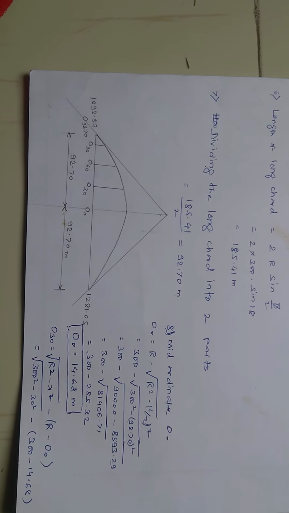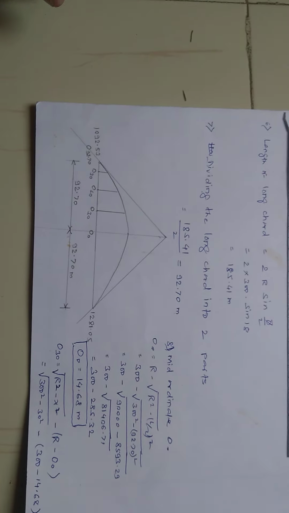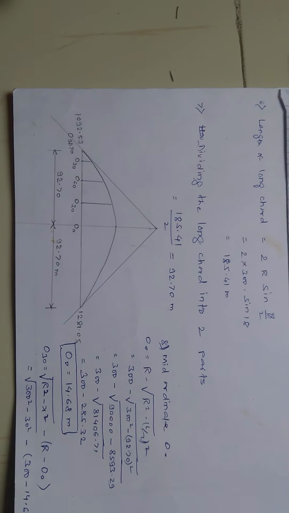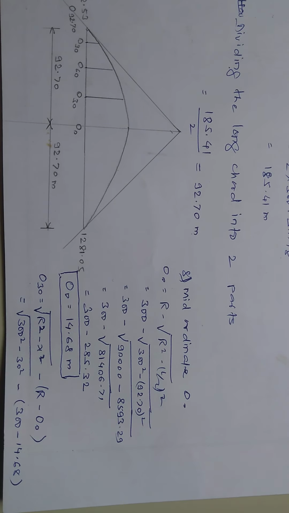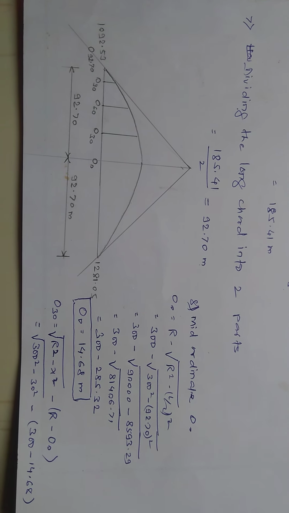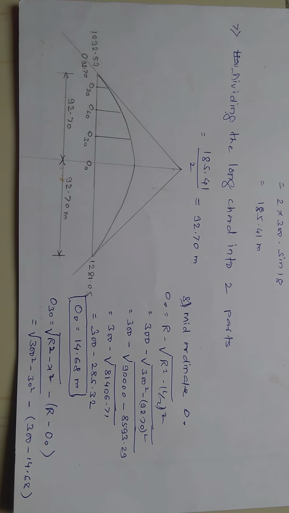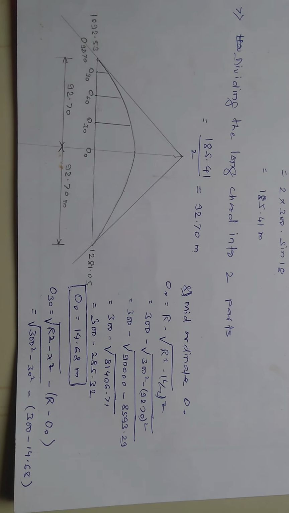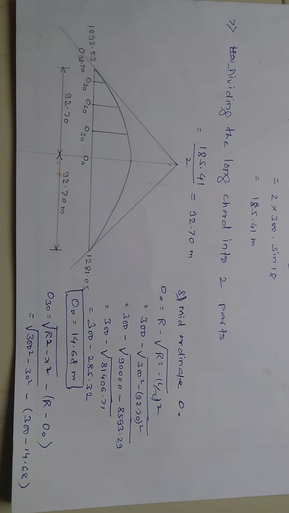Similarly, using the relation I can find out the ordinates at interval of 30 meter. The first ordinate is O30. O30 is equal to under root of R square minus x square minus in bracket R minus O0. Now in this case x is 30 meter, that is the peg interval.